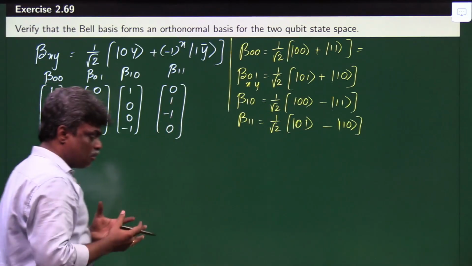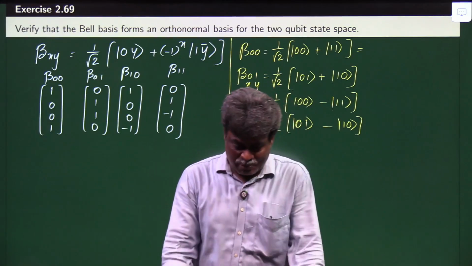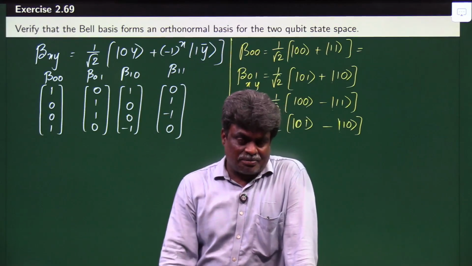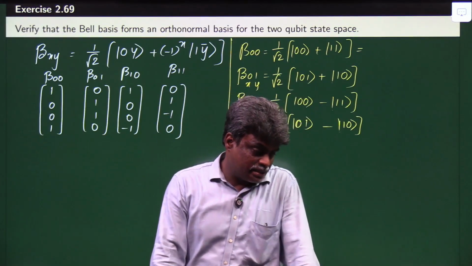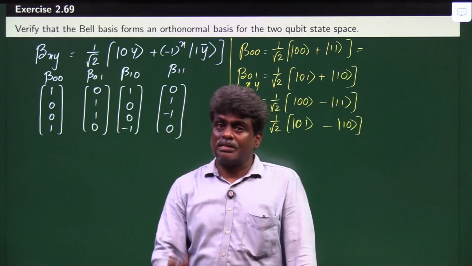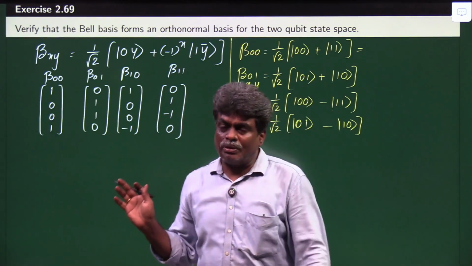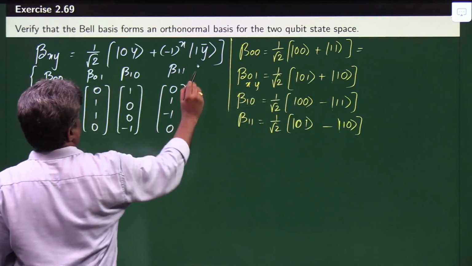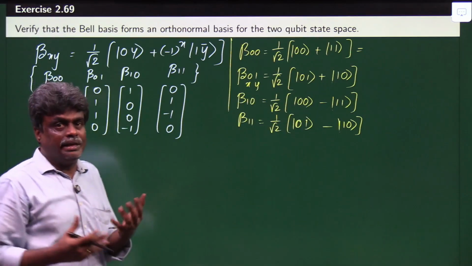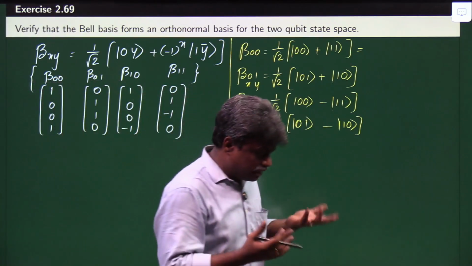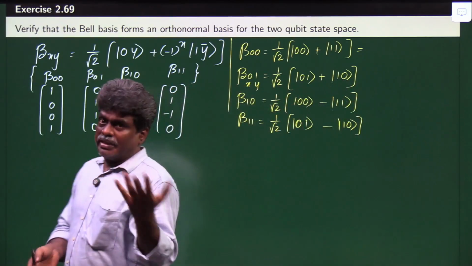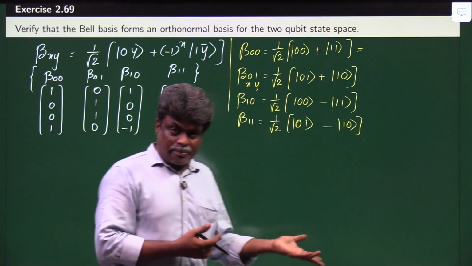Right. So why have we taken this in the matrix form? They are asking to show that these form bases. So what is the property of bases? Linearly independent states. So now here I am going to show that the set of these Bell states forms linearly independent states. What is the condition for linearly independent states? I will find the determinant. If the determinant equals 0, I will say linearly dependent.